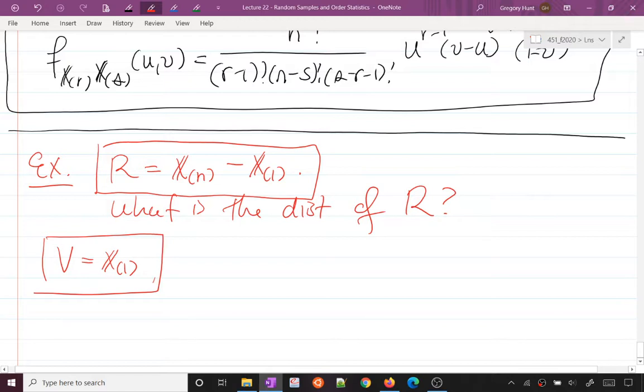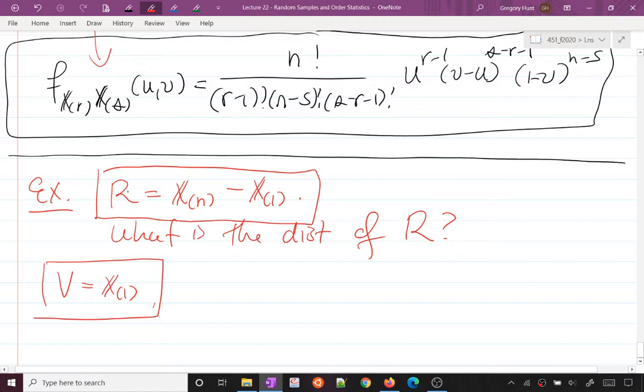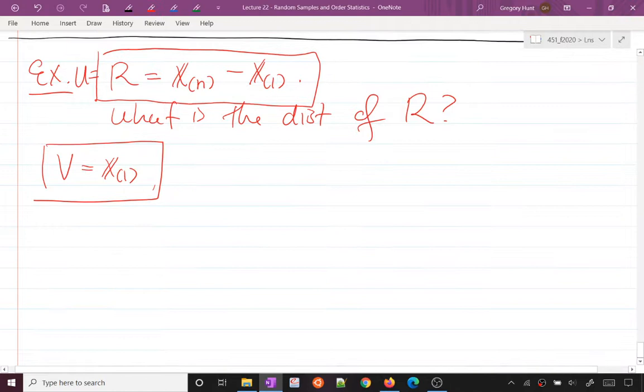What we're going to do is go from the joint of x1 and xn, using the formula that we derived here, do a bivariate transformation to get the joint of the range and the minimum, and then marginalize out V. Just get the marginal of the range R, and that will give us the distribution of the range. So this is just a classic bivariate transformation problem with a more complicated PDF.